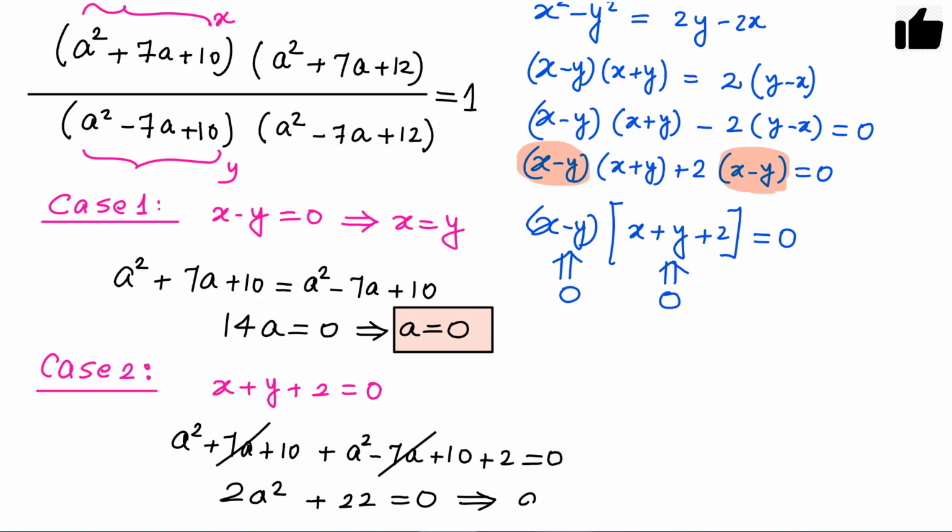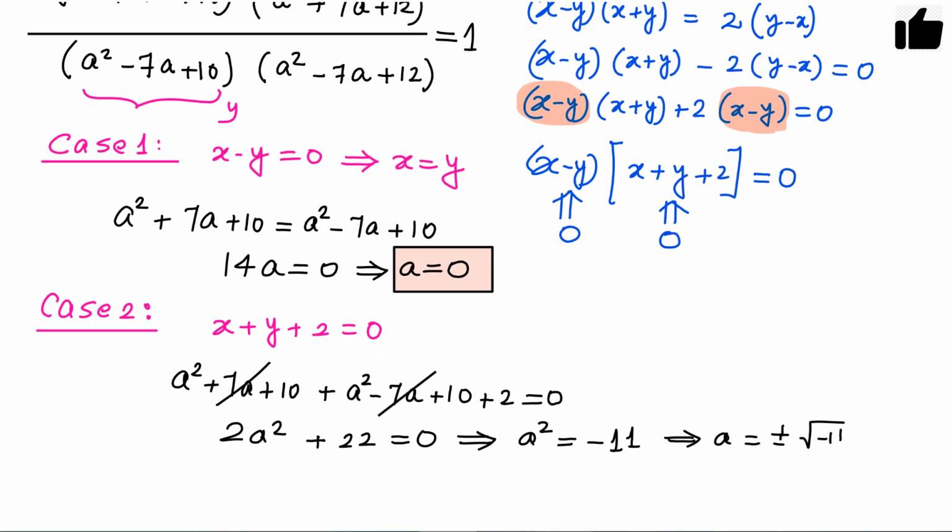This means a square is equal to minus 11. This means a is equal to plus or minus the square root of minus 11. So this root is imaginary. I can write a is equal to plus or minus root 11 i, and this root is not accepted because a belongs to the set of real numbers. So in this case we have only one solution, and that solution is a equal to 0.